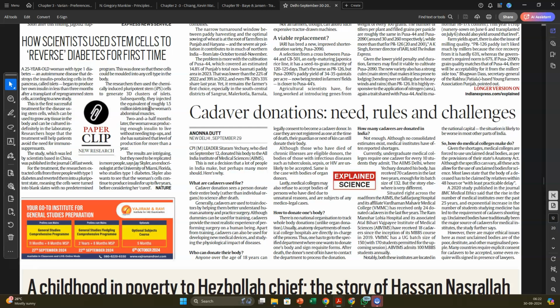The stem cells from this person have been induced in the lab to become 3D clusters of islets, and then injected back into the woman's abdominal muscles. Within 2.5 months the body is able to produce insulin. This is how scientists have used stem cells to reverse diabetes for the first time.